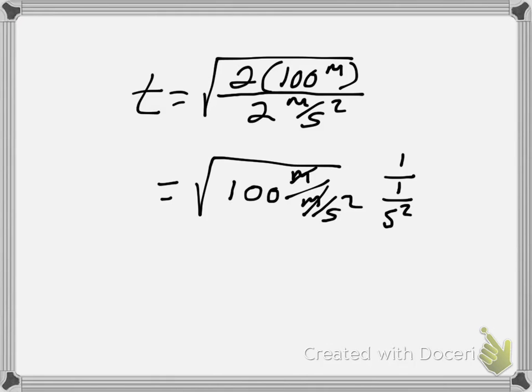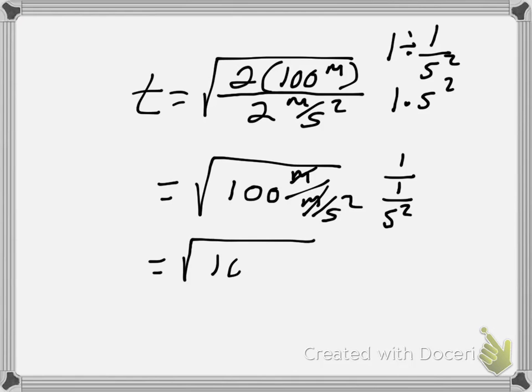So before we take the square root, how do these units come out? This is the same thing as 1 divided by 1 over seconds squared, and that's the same thing as 1 times seconds squared. So I'm going to get 100 square seconds.